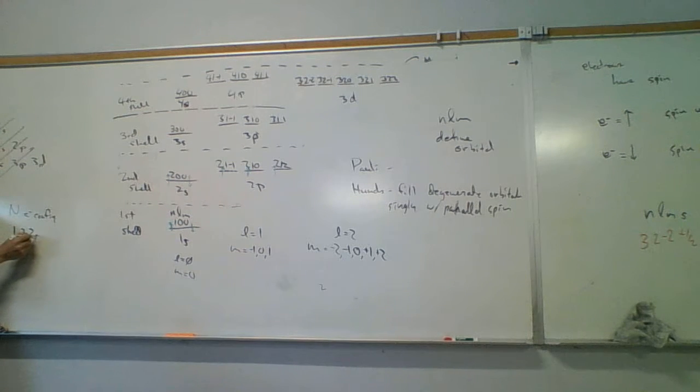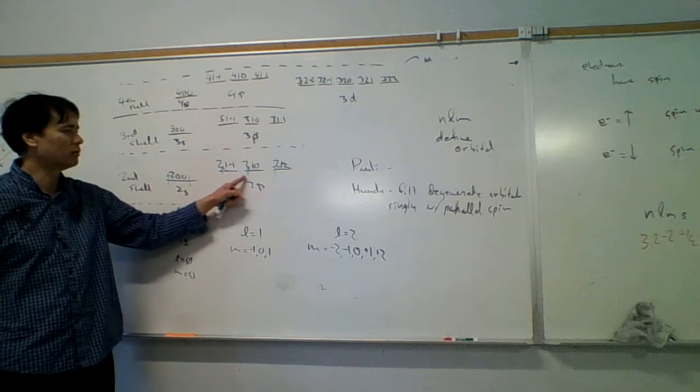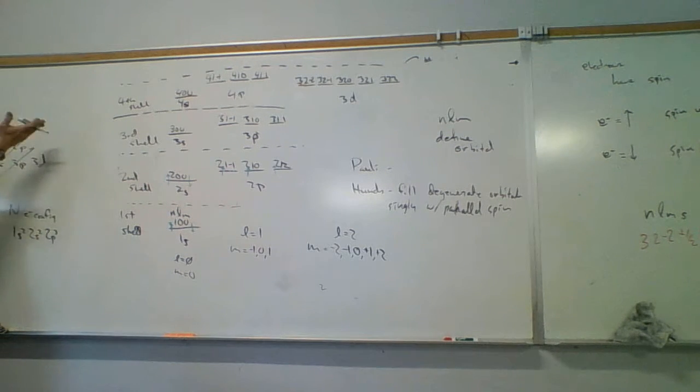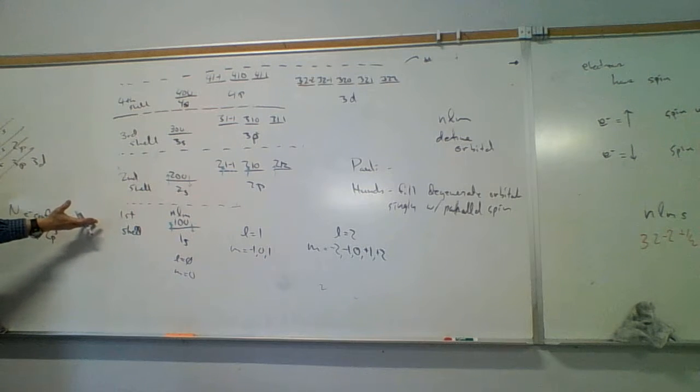And then 2s orbital with 2 electrons, 2s2. And then the 2p set of orbitals will have a total of 3 electrons, so we call it 2p3, half capacity. The 2p subshell can hold a max of 6 electrons. So that would be nitrogen. This is a lot less informative than the diagram. What was this diagram called?